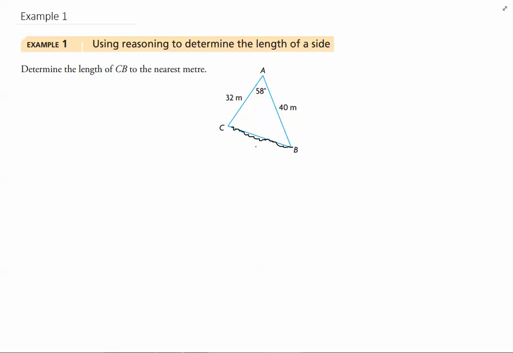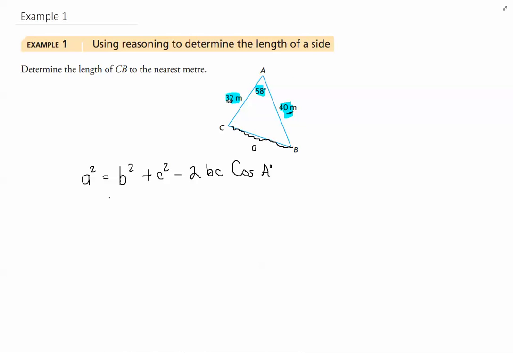I'm going to call it side A because it's opposite, across from angle A. So A squared is equal to B squared plus C squared minus 2BC times the cosine of angle A. So notice I have side B and side C and angle A. And so I have two sides and the included angle. I don't have any angles and side opposites. And that's what leads me to know that I'm going to need the cosine law.